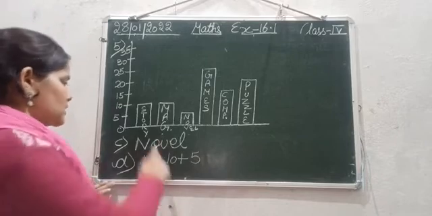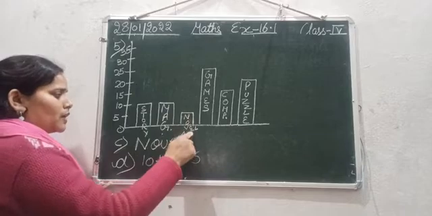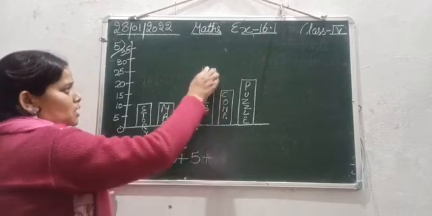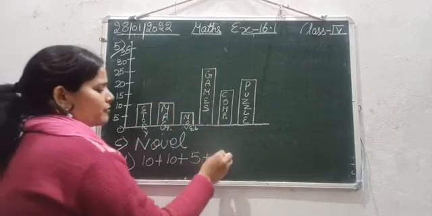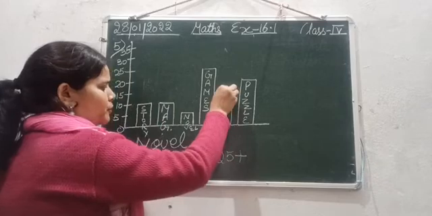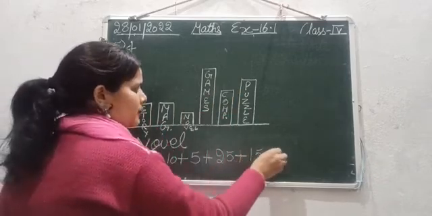Okay, so 10 students have borrowed storybooks, 10 students have borrowed magazine, then 5 students have borrowed the novel, plus games. So game books are borrowed by 25 students, plus computer. Computer books are borrowed by 15 students, plus puzzle.